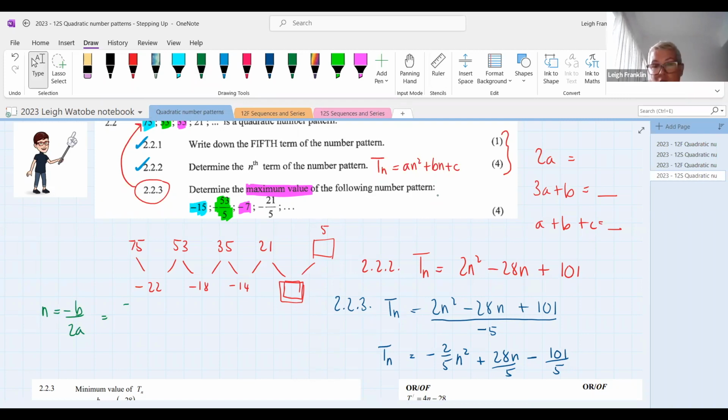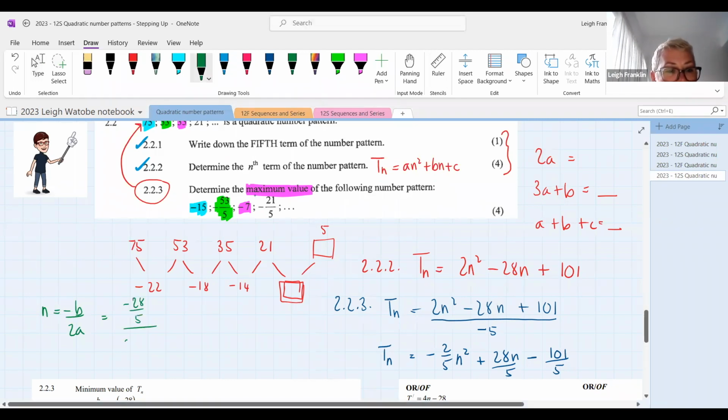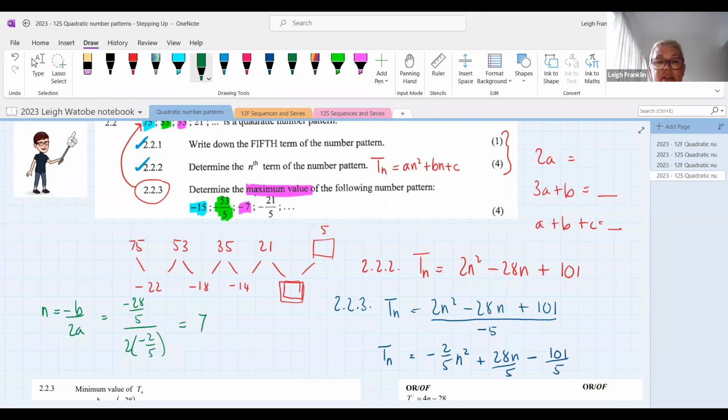That's it. Okay, 100%. Remember n has to be a natural number. Lovely. So we've got negative 28 over 5 divided by 2 times minus 2 over 5. Beautiful. And we get 7. What are we going to do with a 7?